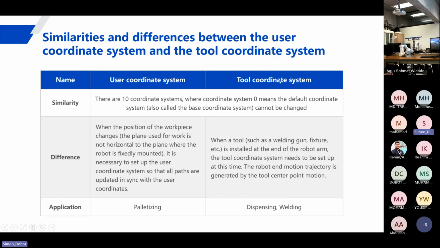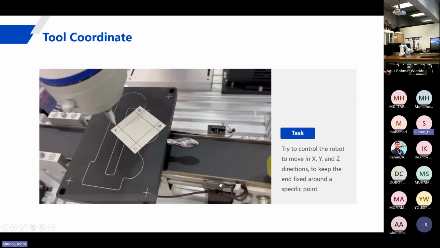And for the tool coordinate system, normally when you are doing dispensing, welding, or gluing, the tool is normally eccentric and not straight on the robot end, so you can build the tool frame to make it easier for the robot to move. Here is an example.